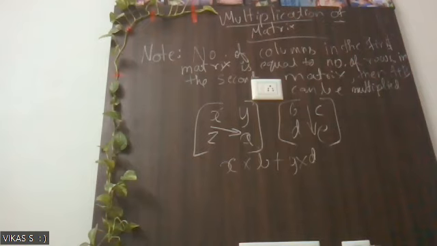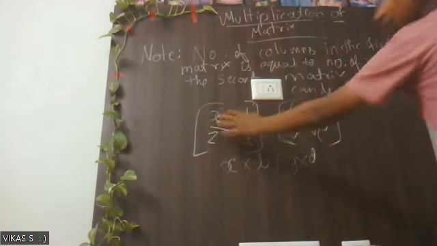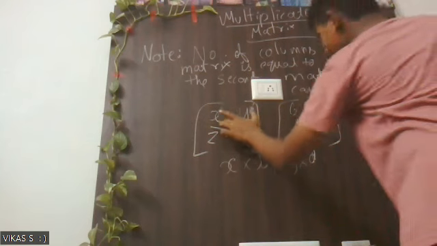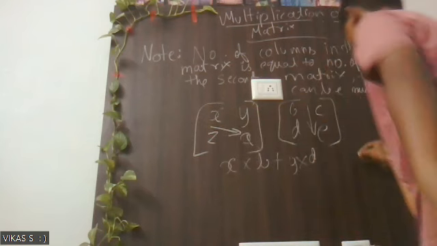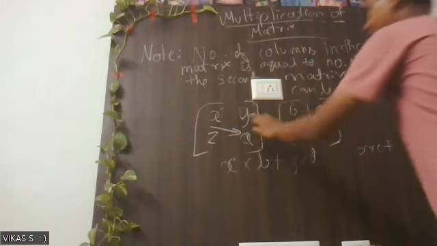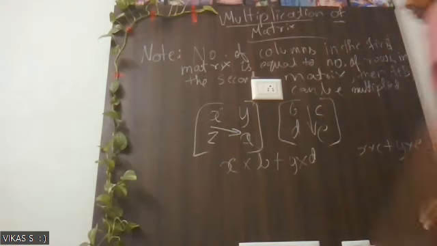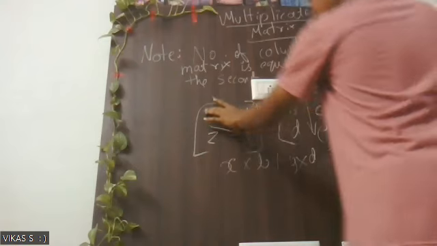Okay. Then X, this is not finished. This is still there. So X into C now. Leave some gap. X into C plus Y into E. Then this is finished.